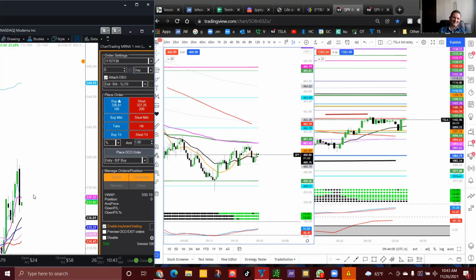So again, the situation is it could have pumped through the 340 liquidity, but I guarantee you it would have hit a wall at 342. So that's why I'm not going to put everything that I have just below the liquidity at 339.